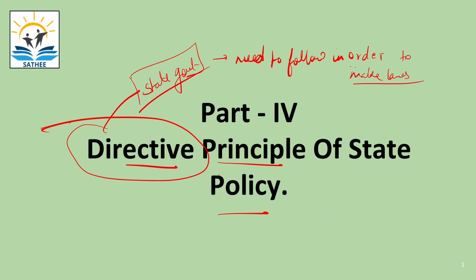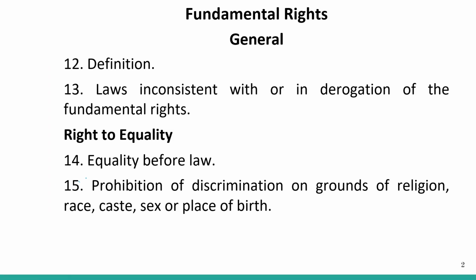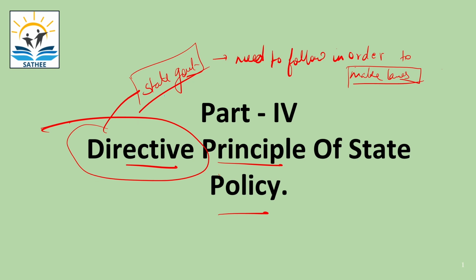Whenever the governments are going to frame laws, they have to make sure that they are abiding and adhering to these directives provided in Part 4 of the Constitution, which talks about directive principles of state policy.